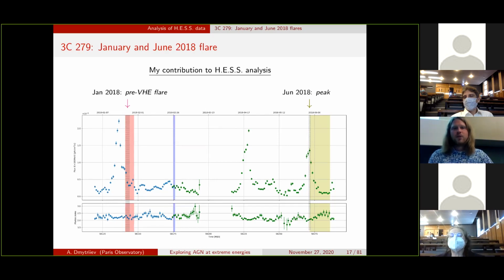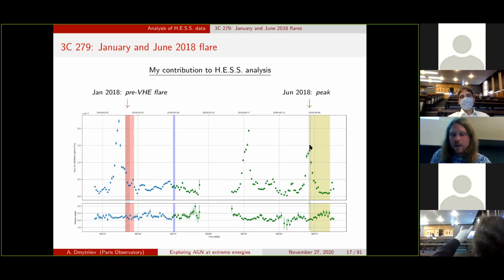My contribution to this task force was an analysis of pre-very high energy flare data, before the secondary flare in Fermi. So what were the spectral properties before the actual outburst. And I was also analyzing data during the very peak of the June 2018 flare.